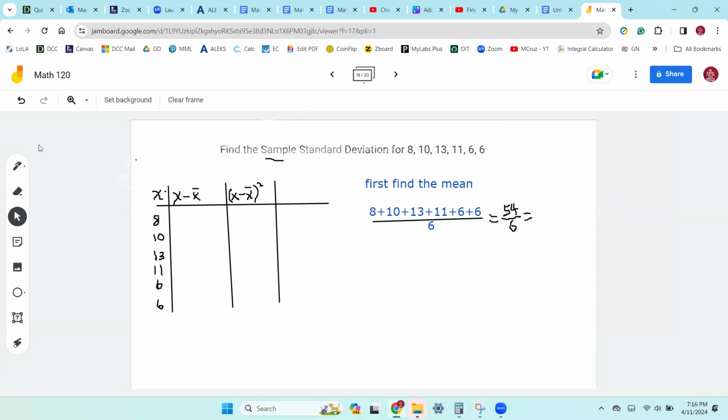All right. So it's a tedious calculation because it takes you through pretty much everything that we've learned so far.